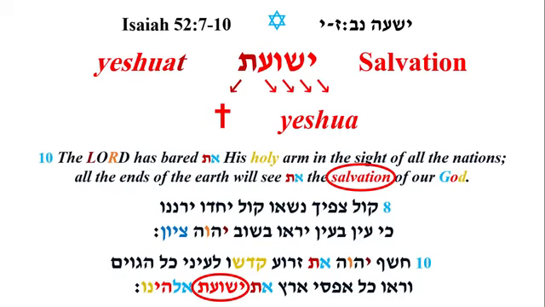The word for salvation is Yeshua and a cross. You know, the Jews say there's no reference to Jesus in the Old Testament. He's everywhere. The word salvation is Jesus, Yeshua, on a cross.